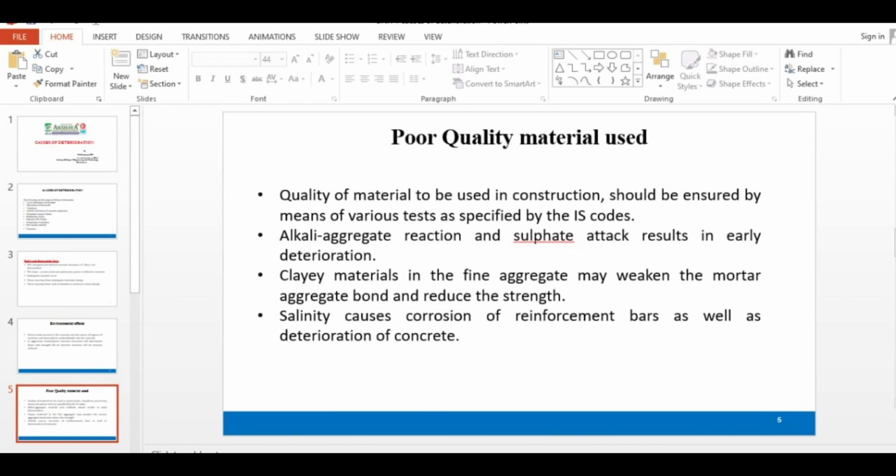We have to look after that we are adding the materials in the right quantity, and also that the materials are of good quality. So we have to ensure the quality of the material, as well as that we are adding adequate material to make the concrete.